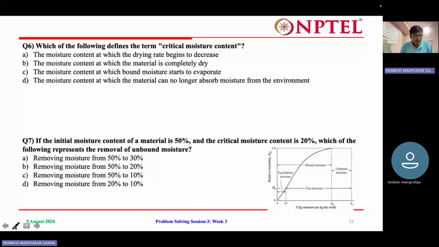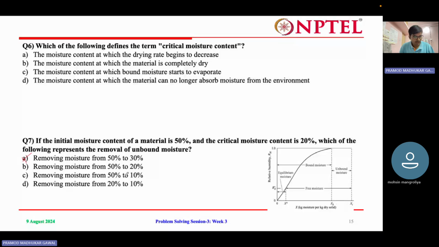So the option given: remove moisture from 50 to 30%. This involves the removal of some of the unbound moisture, but not all, right? Because the critical moisture content is 20%. So this is not the solution. B, remove the moisture from 50% to 20%.